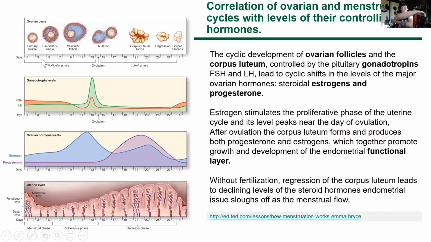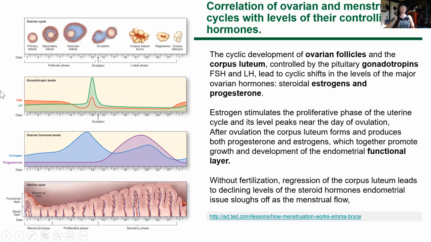Okay, so this chart looks complex, but you can really break it down as follows. For some contextualizing information, in response to increasing pulses of GnRH from the hypothalamus, we see those increases in FSH and LH, right?